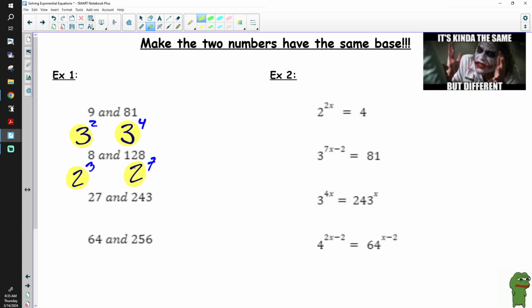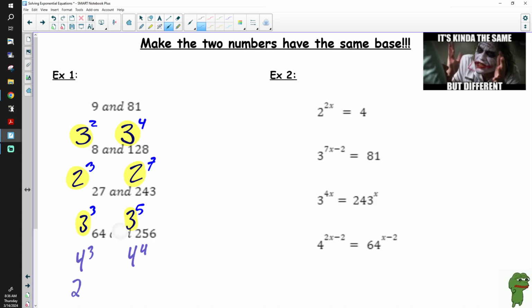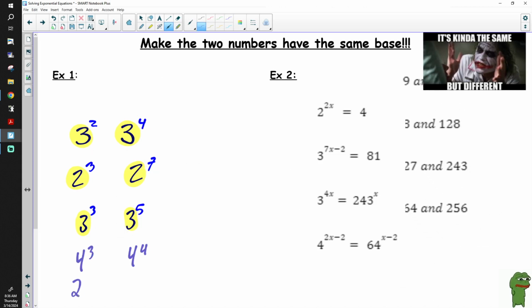27 and 243, what you got for me? 3 to the 3rd and 3 to the 5th. Good. Again, the big idea here, same base. Last but not least, tricky, what do we got? 4 to the 3rd and 4 to the 4th, or 2 to the... There's 2 ways to do it. 4 to the 3rd.